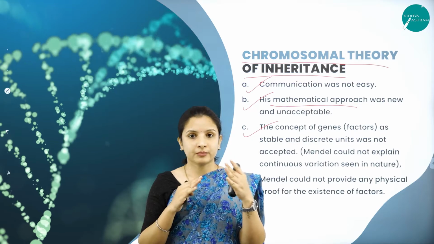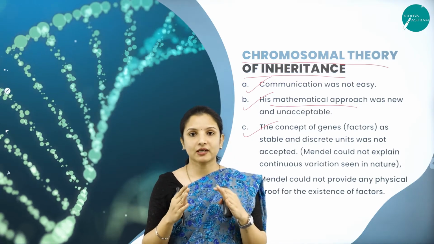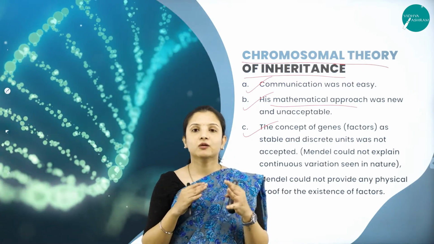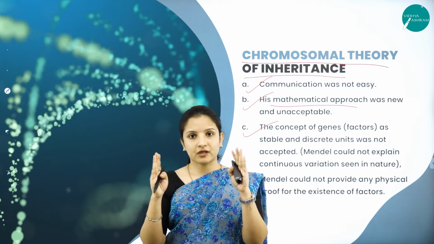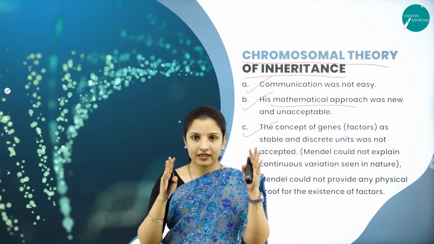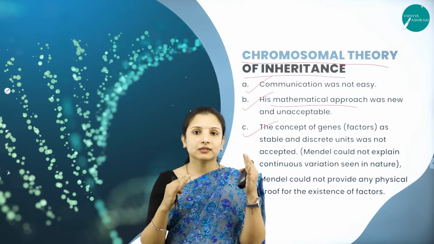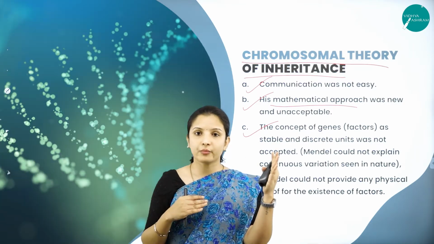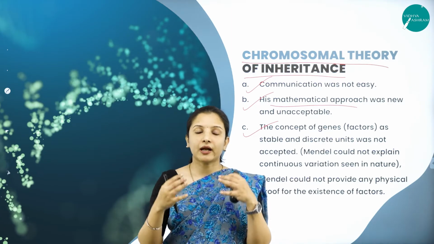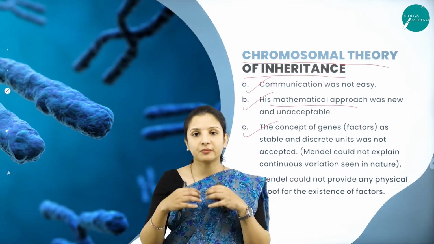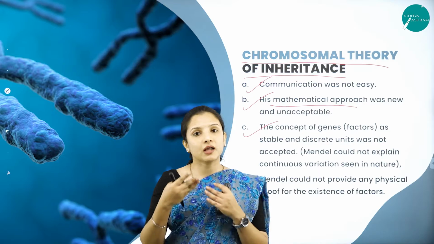One experiment was conducted on the snapdragon flower, wherein they used the red color flower and the white color flower. Both the red and the white were not suppressing or dominating each other. They were co-dominating each other, and both the characters got mixed up and expressed as a pink color flower.